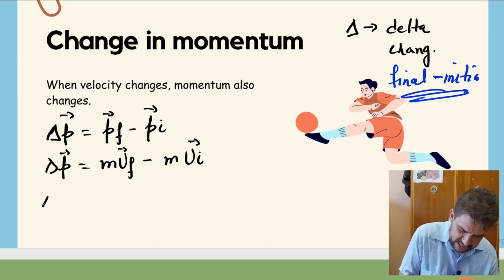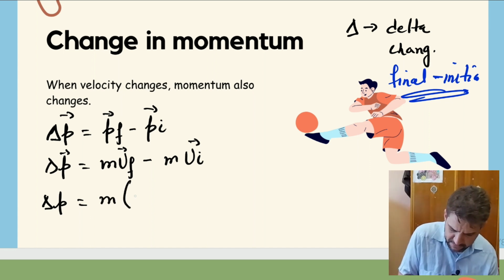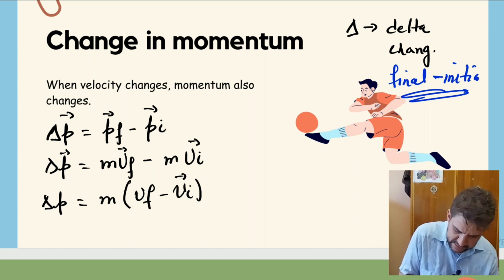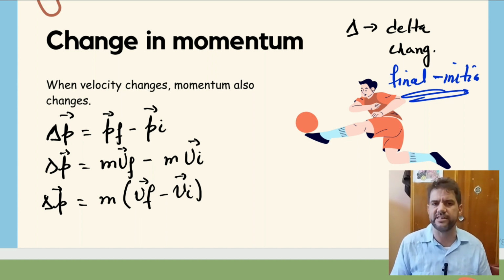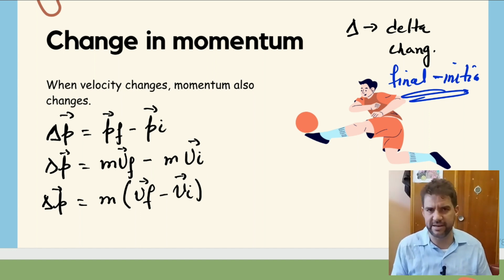The change in momentum is equal to mass, bracket, final velocity minus initial velocity. It is really simple. As a teacher, I'm going to keep the vector notation, but I'm going to emphasize that at the moment it is not needed for marks.